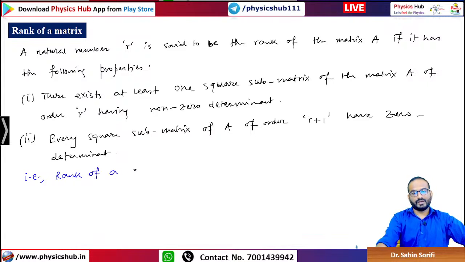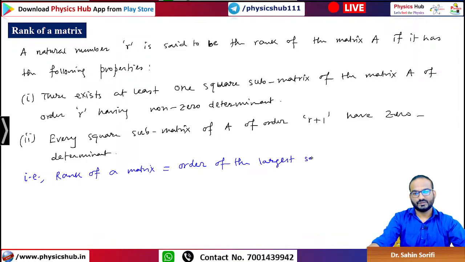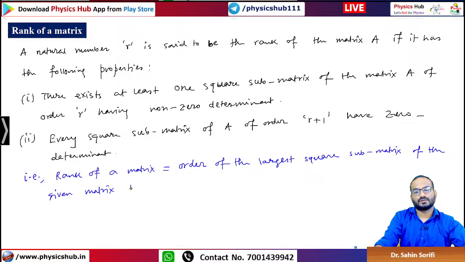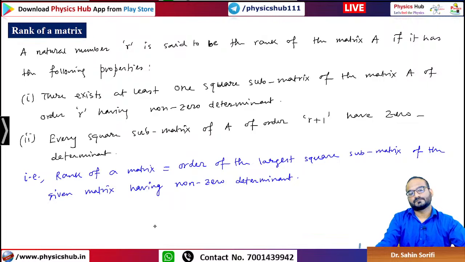Rank of a matrix equals the order of the largest square submatrix of the given matrix having non-zero determinant.